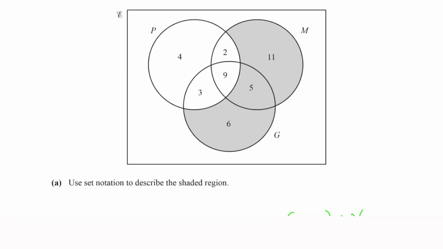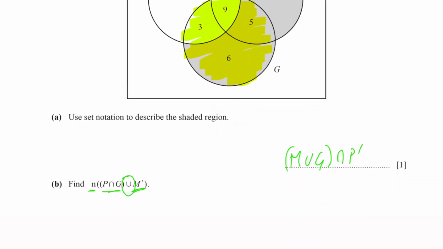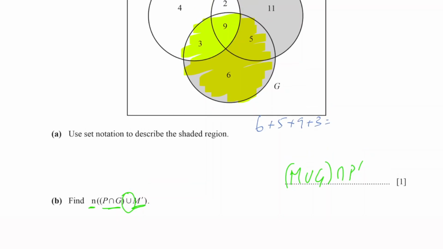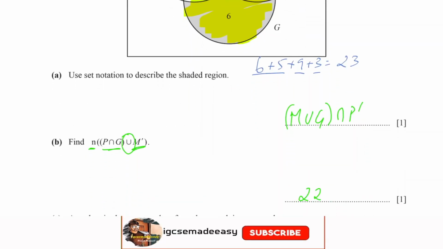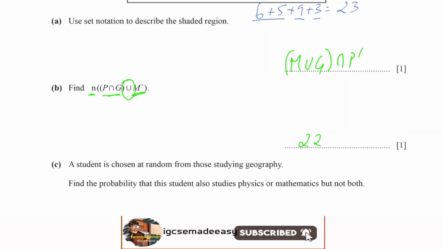The students who are studying geography are these, right? So how many are total studying geography? 6 plus 5 plus 9 plus 3. What is the total? 6 plus 5 is 11, 11 plus 9 is 20, and 23. So the total students who study geography is 23, right?